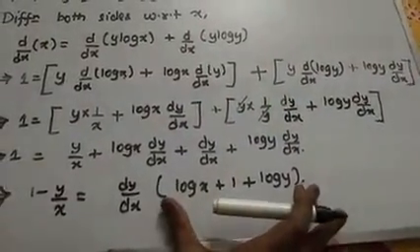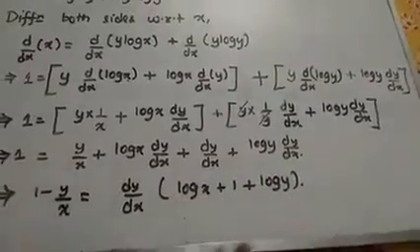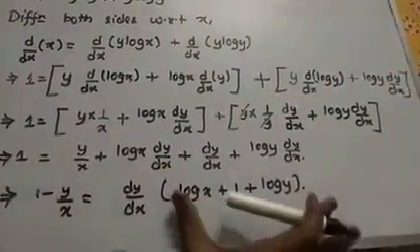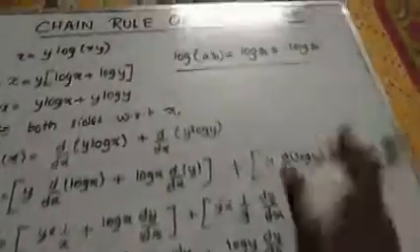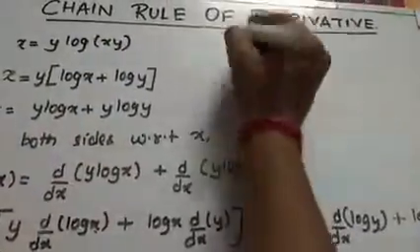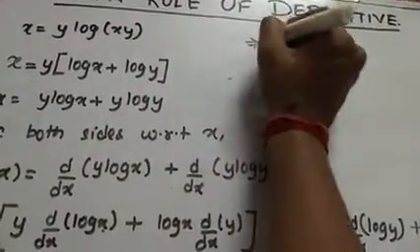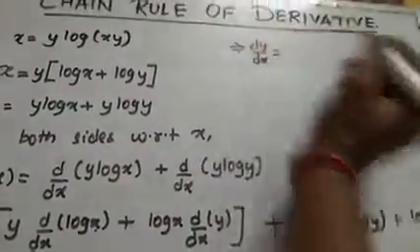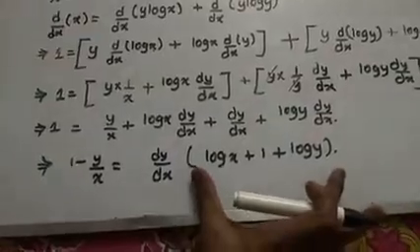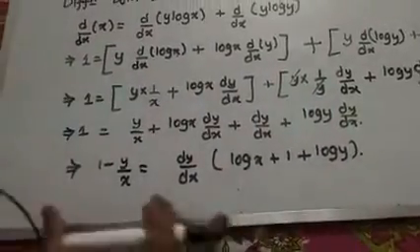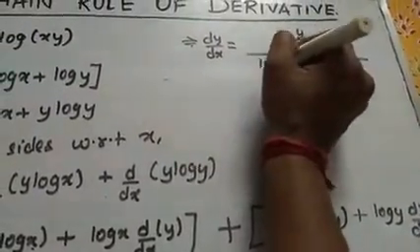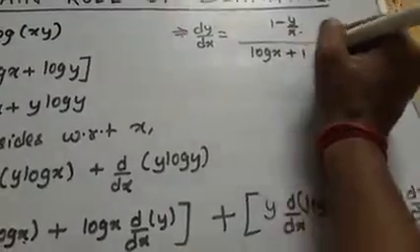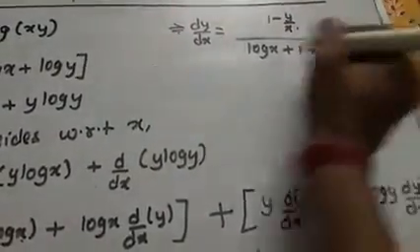So if this term goes from this side to that side, being in the form of multiplication, it will come in the form of division. So finally your answer will be dy by dx equals 1 minus y by x, divided by log x plus 1 plus log y.